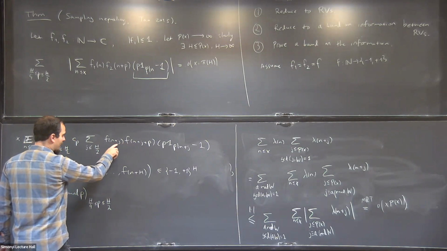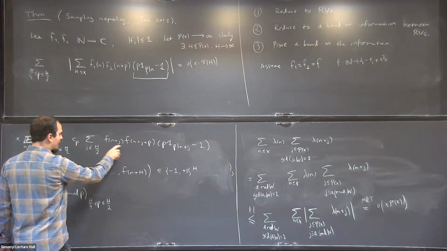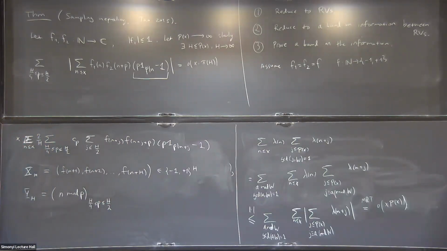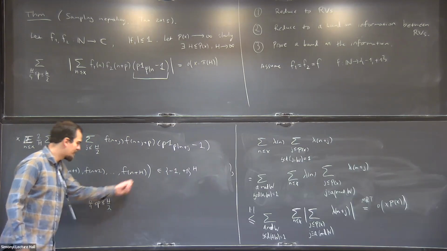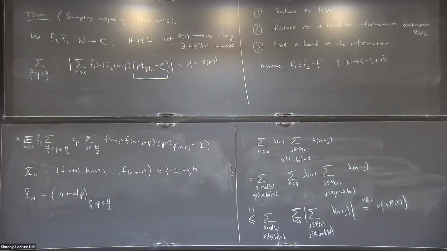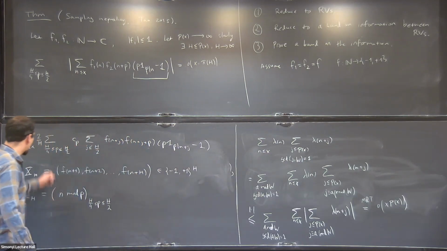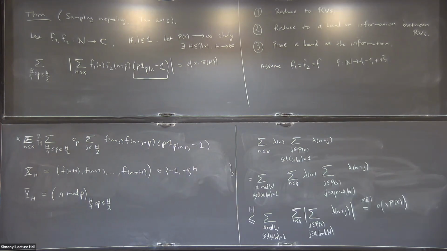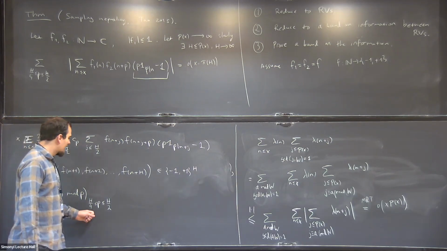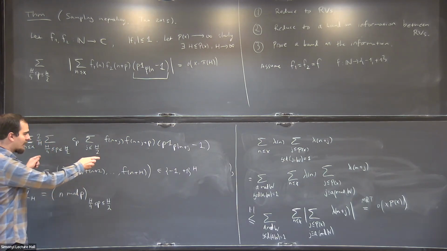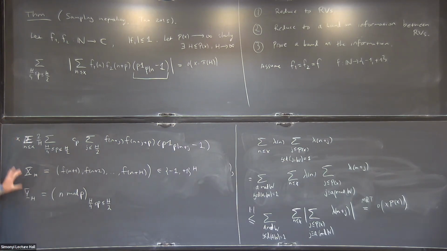All the values of f that occur here are between n plus j plus p, which is never bigger than h, so something between f of n plus 1 and f of n plus h. And the divisibility conditions are modulo primes p from the range h/4 to h/2. So the inner sum must be some function of these two random variables, because that's all you need to compute the value.